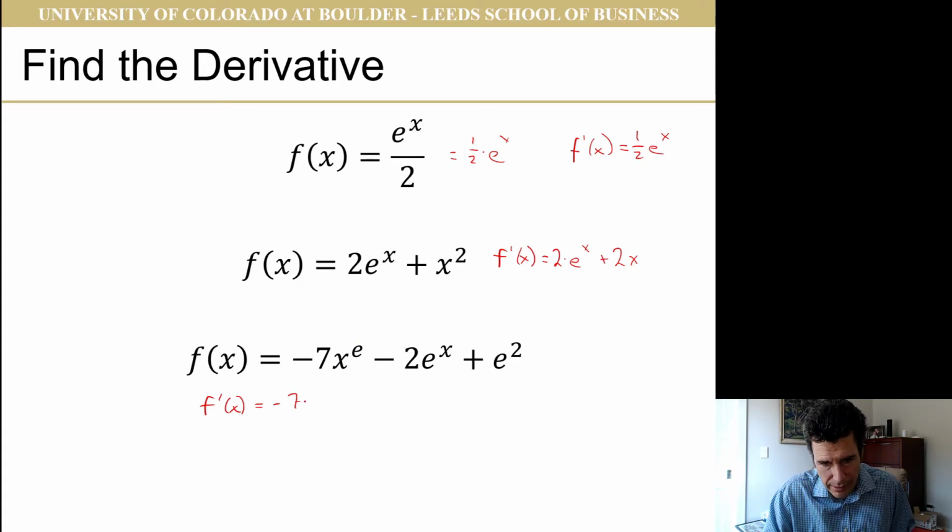So we bring e down, e x to the e minus 1. Next function, minus 2 times the derivative of e to the x, just e to the x, plus e squared. Well, e is a constant, and a constant squared is also a constant, so that's just 0.